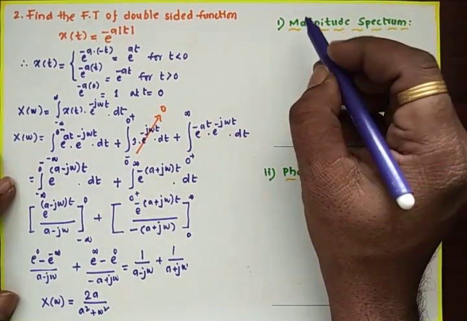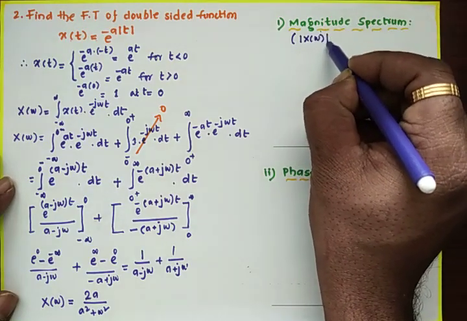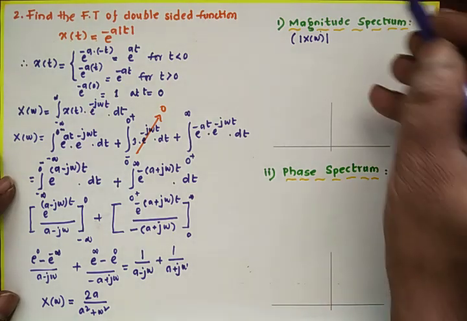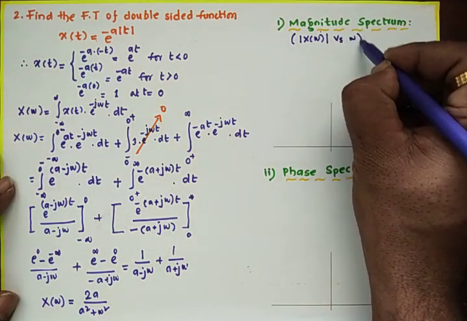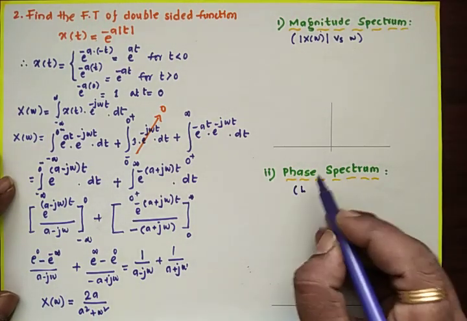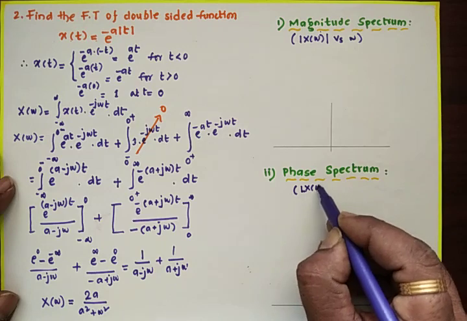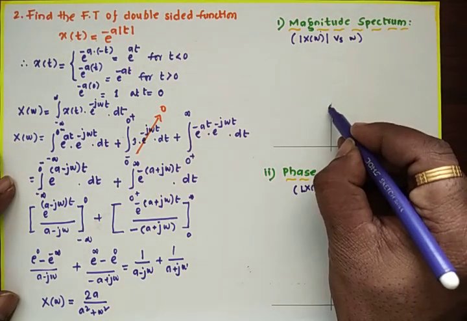We know that the magnitude spectrum is a plot between the magnitude of X of omega versus omega. Coming to the phase spectrum, it is a plot between the phase angle of X of omega versus omega.